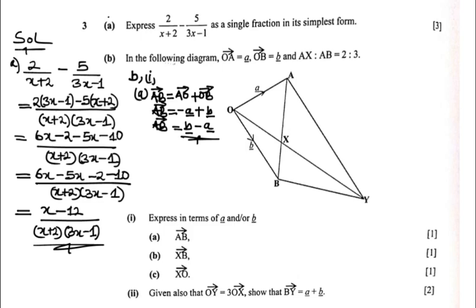Moving on to B. On B, we want to find the vector XB. If you take note of the information that was given, it is given that AX to AB is 2 to 3. So this simply means AX is 2 out of 3 of AB. Since we want to get the vector XB, XB will equal 1 out of 3 of vector AB.